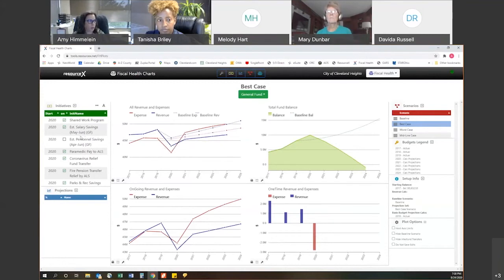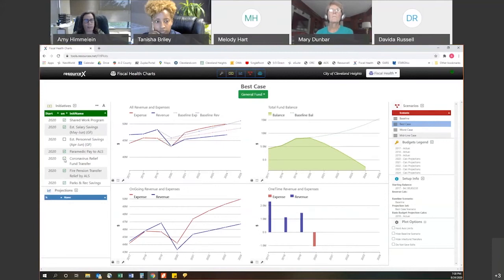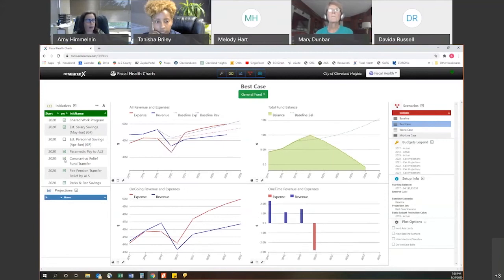But if we go down to the Coronavirus Relief Fund, that's the $1.7 million the city got from the state as the Coronavirus Relief Fund. The council approved creating that fund. If I toggle that one off, you can see that line comes up to meet the revenue. If I toggle it back on, that means we're transferring $1.7 million worth of expenditures out of the general fund into that Coronavirus Relief Fund.